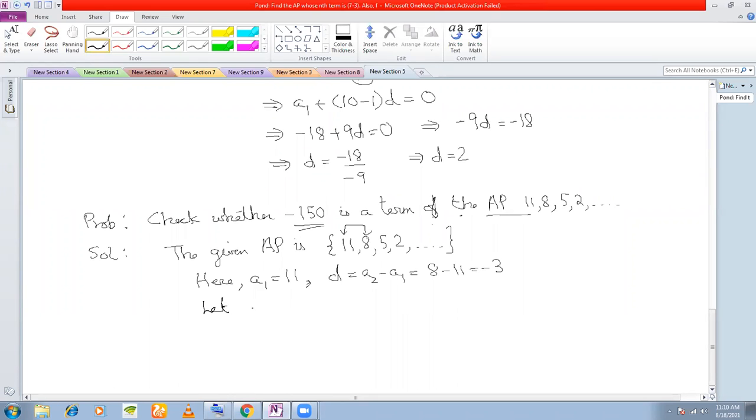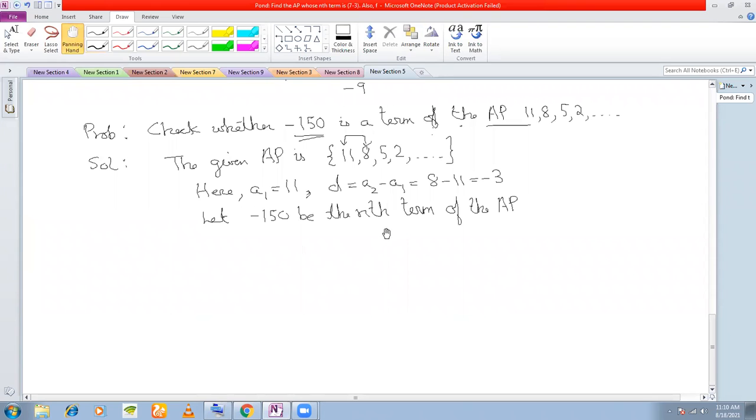We start by saying let minus 150 be the nth term of the AP. If I can find out the value of n as an integer, then minus 150 will be an element of this. Otherwise, it will not be, right?